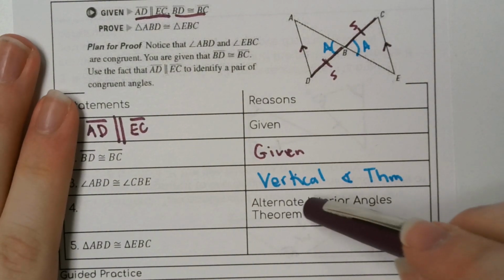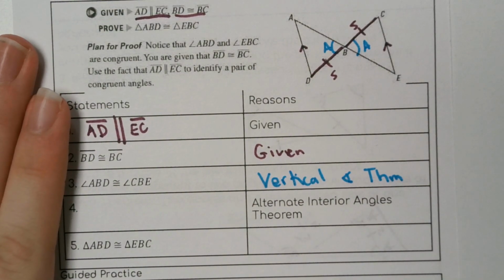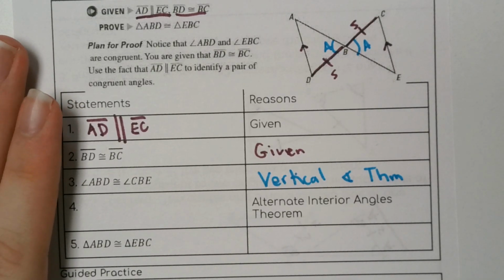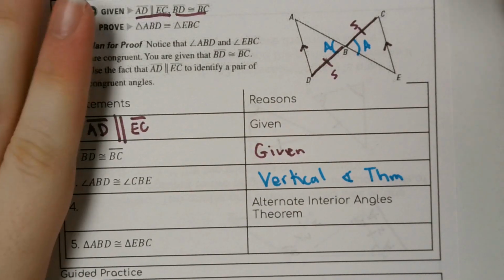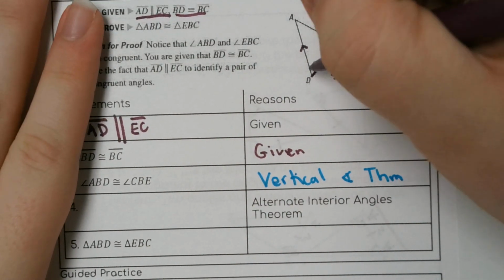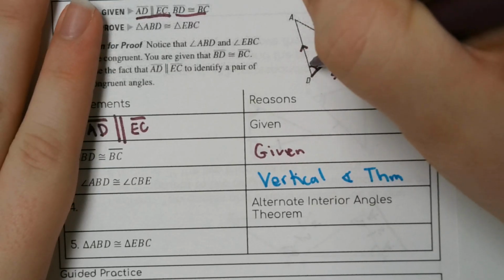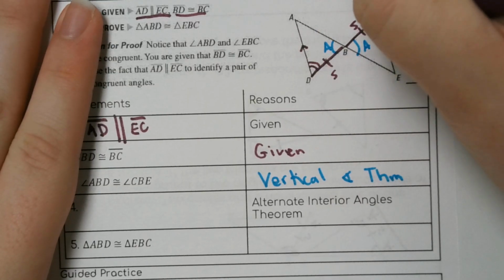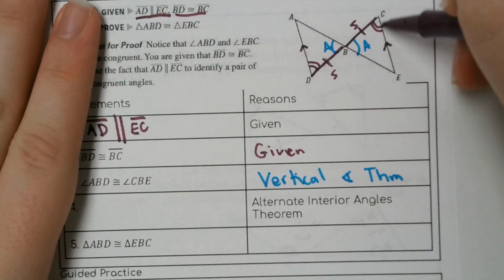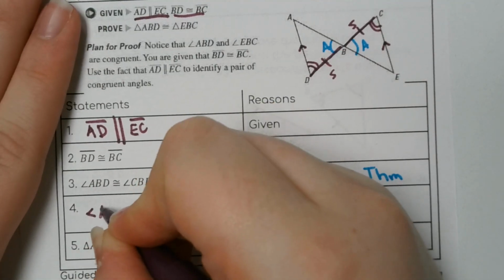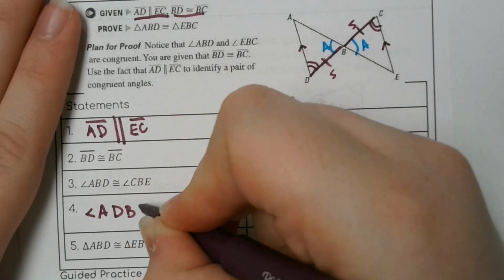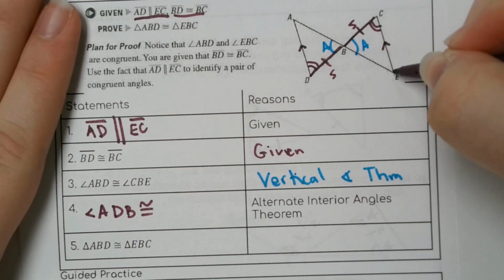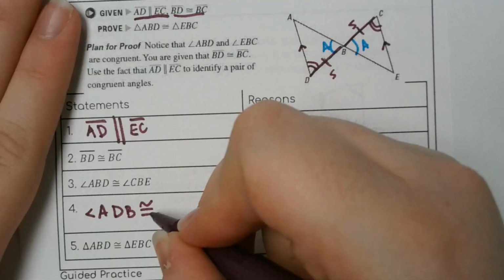Okay, and then it tells us we're going to use the alternate interior angles theorem. So alternate interior angles, I can do it either way. I could say that angle ADB is congruent to angle ECB.